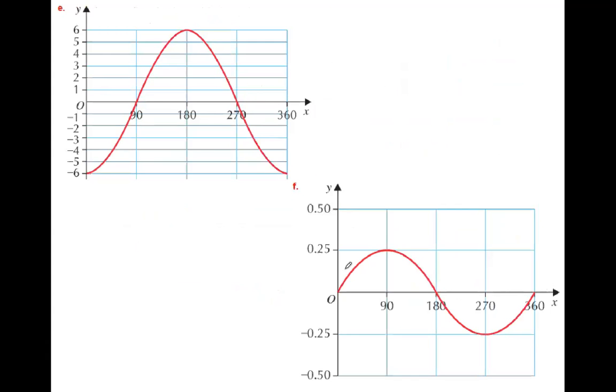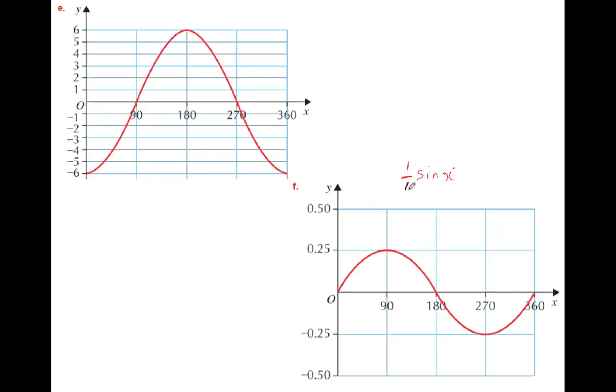Let's do this one, for example. If I'm given something like this, first thing I'm looking at is usually the shape. The shape is telling me period of 360, this is a sine x. So the first thing I put is sine x in degrees. My amplitude is 0.25.